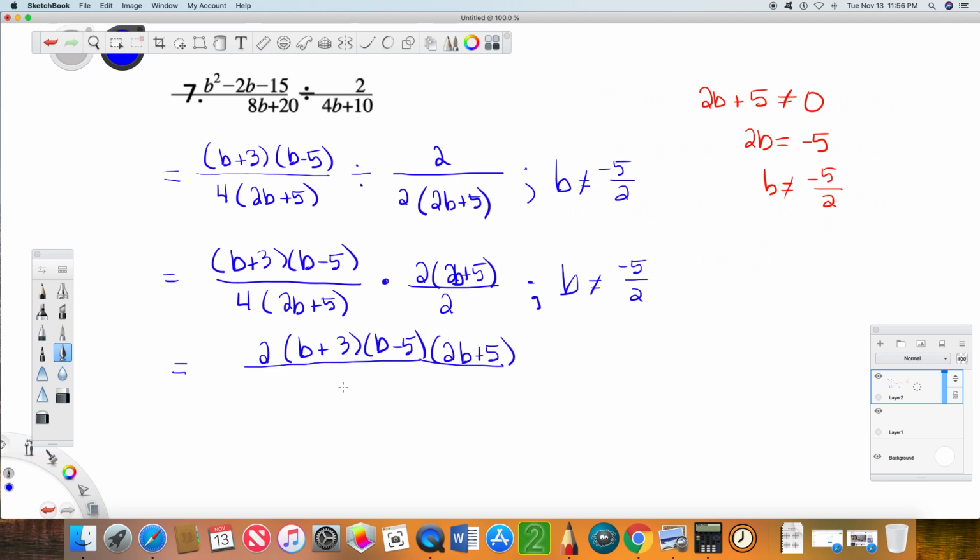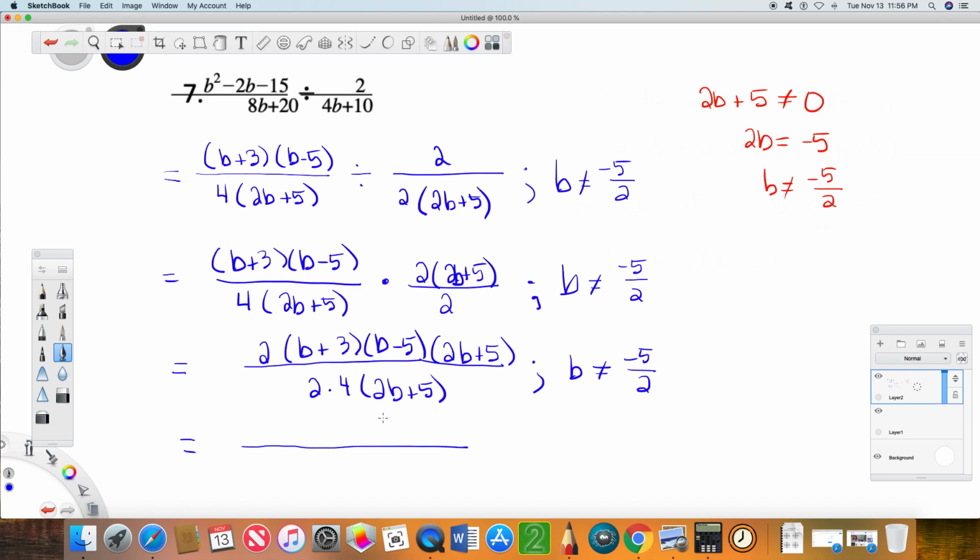Now in the denominator, I'm going to write that single factor of 2 first, and then this factor of 4, and then this 2b plus 5. Now I can't lose my restriction. I would never be able to multiply these two fractions together if b were allowed to equal negative 5 halves.